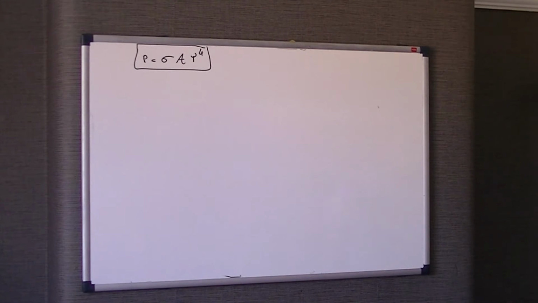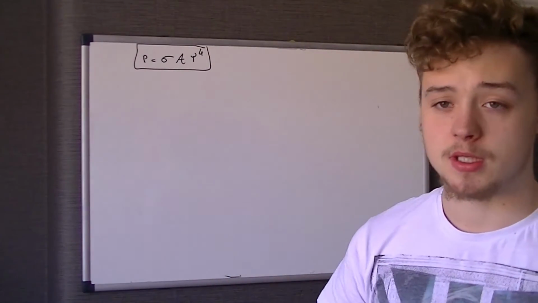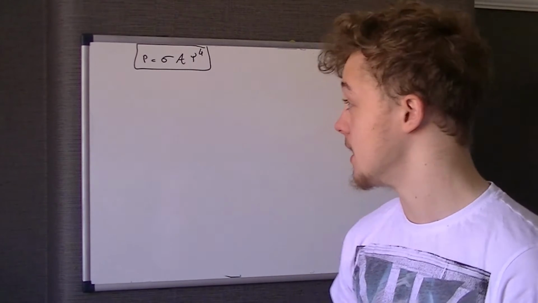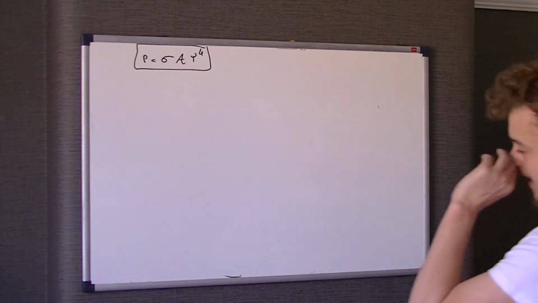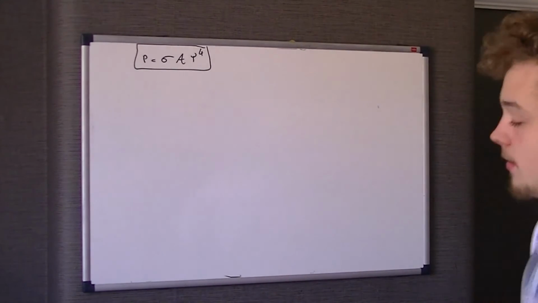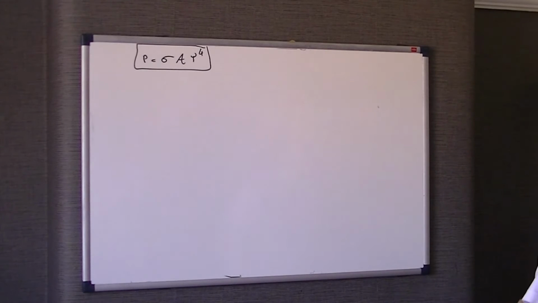Okay, but going back to when we were talking about luminosity at the start of this video, we said luminosity is the energy radiated per second. Energy emitted per second, sorry.